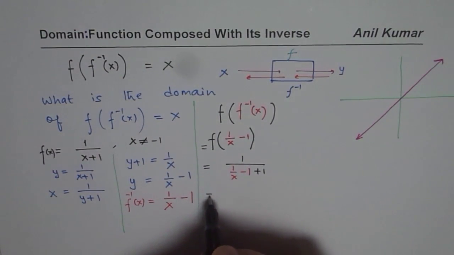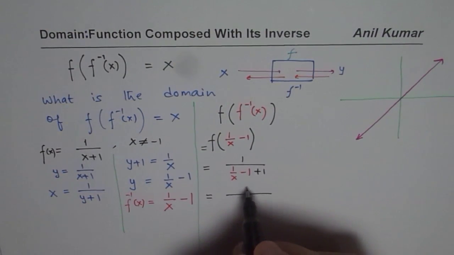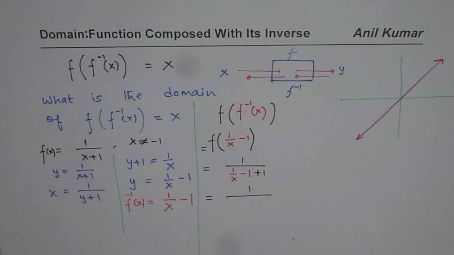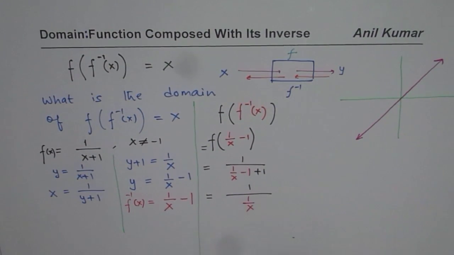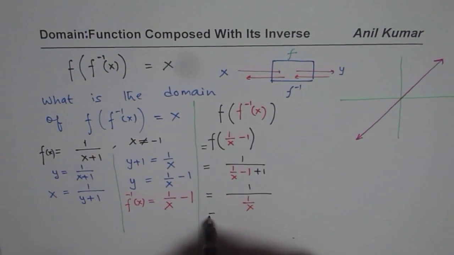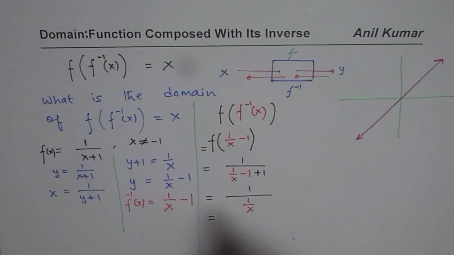Good. So that gives us 1 over, minus 1 plus 1 is 0, 1 over x, and that indeed is equal to x. Perfect. Now we get this result.